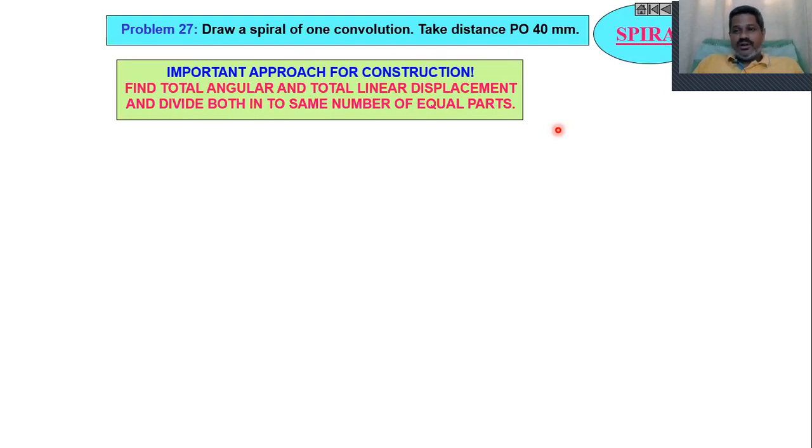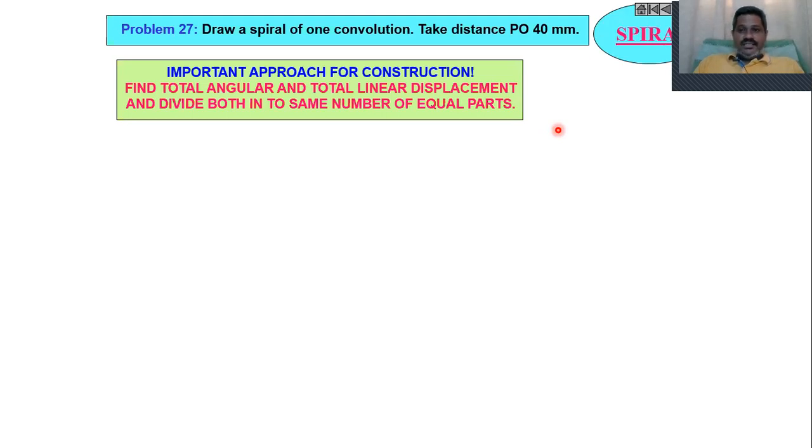So we require two parameters: how much angle and how much distance the point needs to move and rotate towards a fixed point or an origin. Whether it is 360 degrees, 180 degrees, or two revolutions, that means 720 degrees, we require the angle as well as the distance.